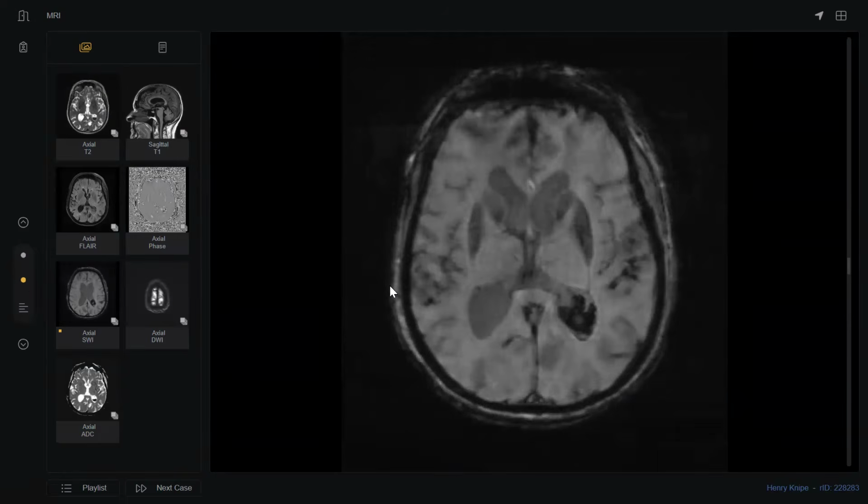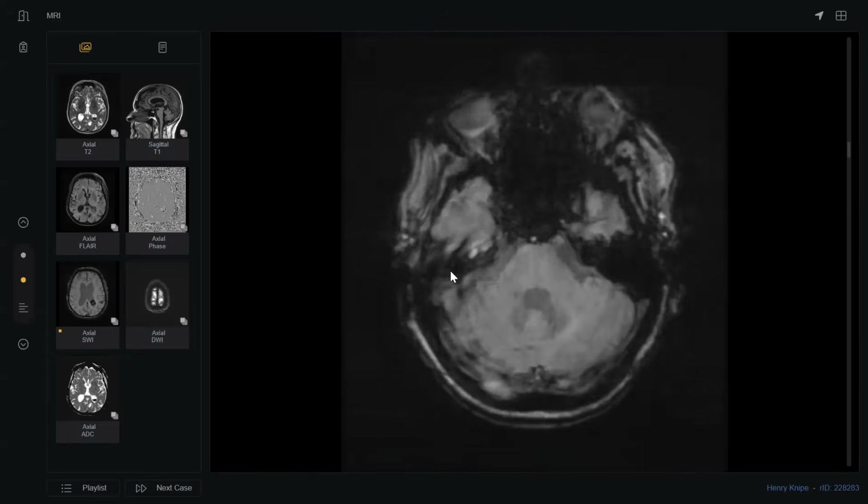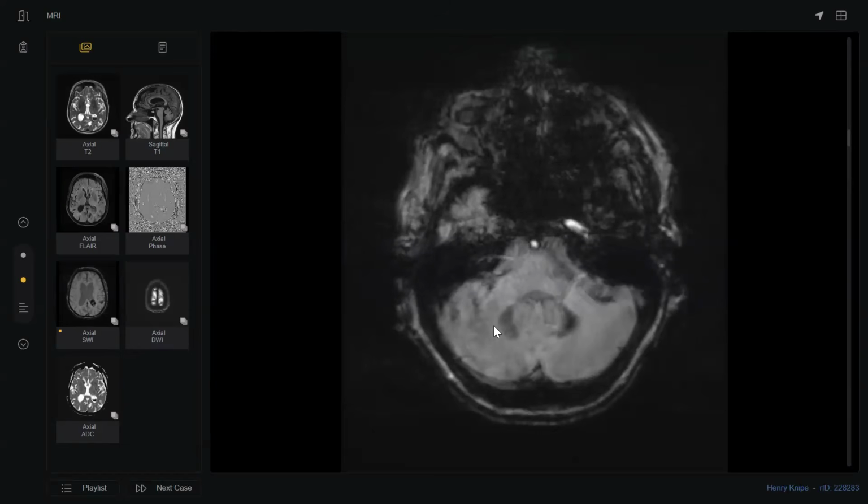I want first to finish the MRI. What is this? This is dark blooming artifact smearing the cortical sulci here and here. And if you go down, you see some of the folia.